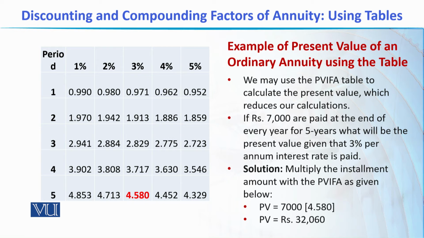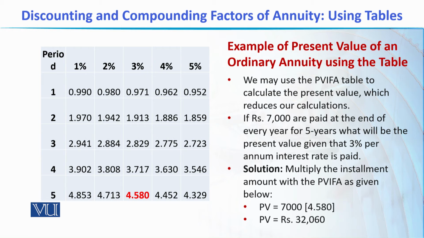If you have a look at this table, it is very much similar to the future value interest factor table, except that the values in this table are less than the values in the future value table. And the reason is obvious: in future value we have amounts which are greater than the present values, and in present values we have amounts less than the future values, so these amounts are smaller.